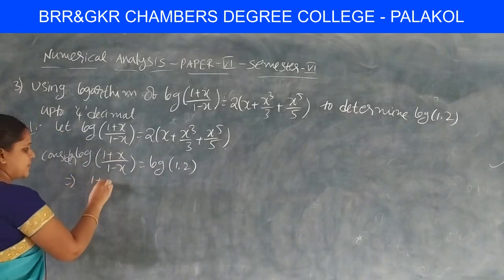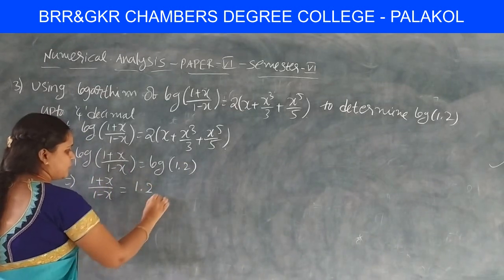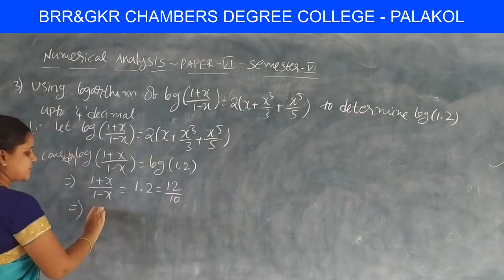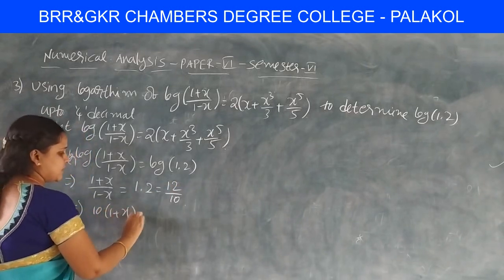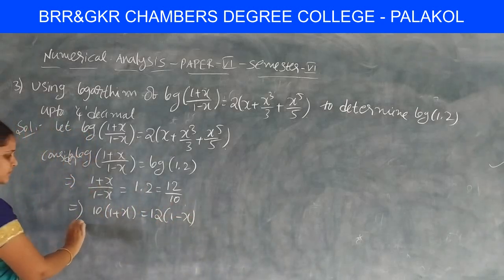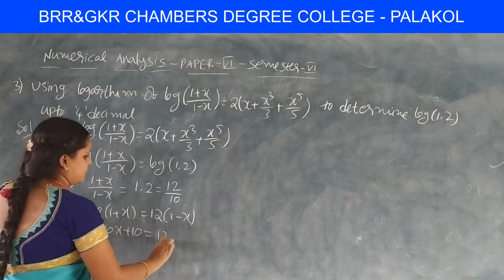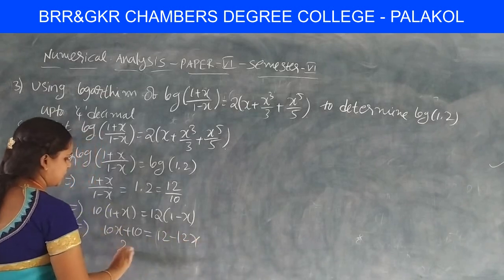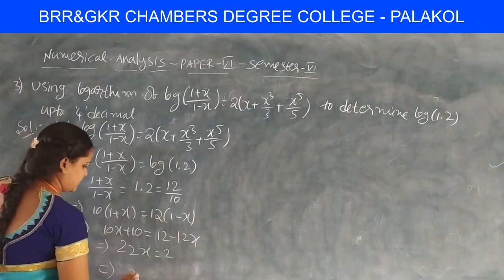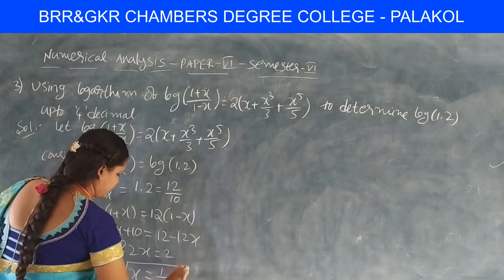Now (1 plus x) by (1 minus x) equal to 1.2. 1.2 is nothing but 12 by 10. Cross multiplication: 10 into (1 plus x) is equal to 12 into (1 minus x). Now simplify the x value. 10x plus 10 equal to 12 minus 12x, and 22x equal to 2. That implies x value is 1 by 11.